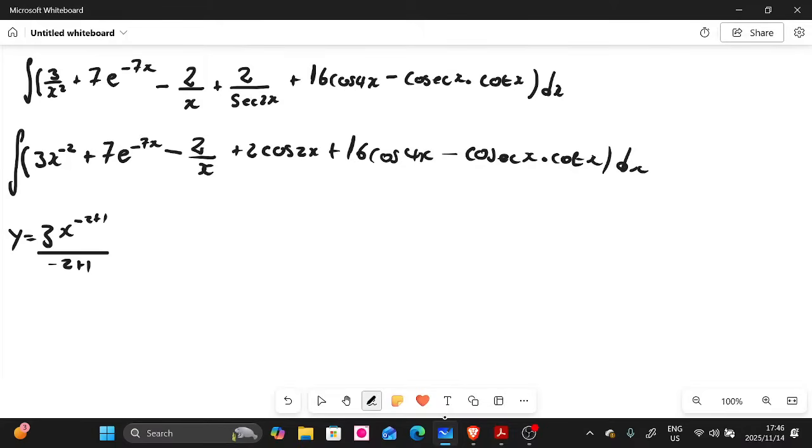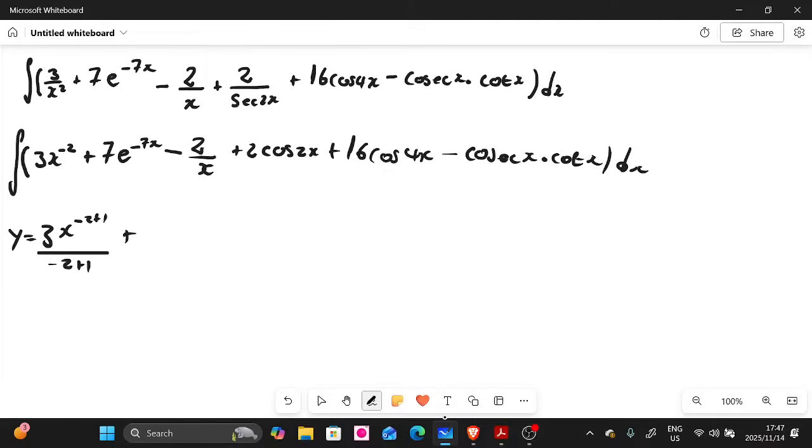Then plus, now we come to the second term. This is the exponential. How do you know x is the exponent? People confuse these two. The first one, x is the base, so it's the standard integral. When x is the exponent, like this one here, it's an exponential. Be very careful, guys.